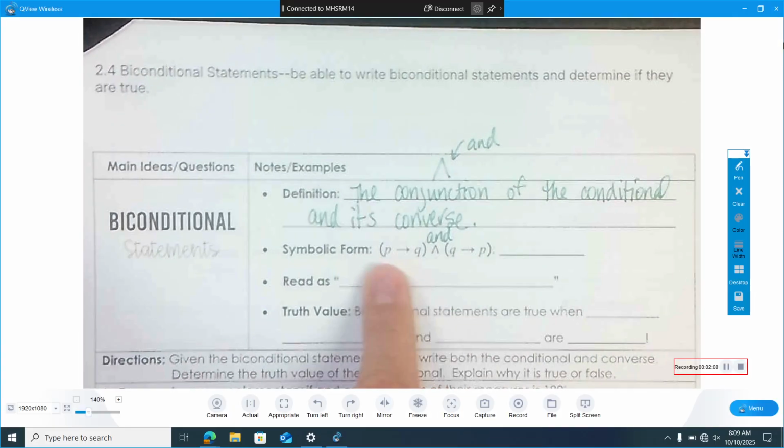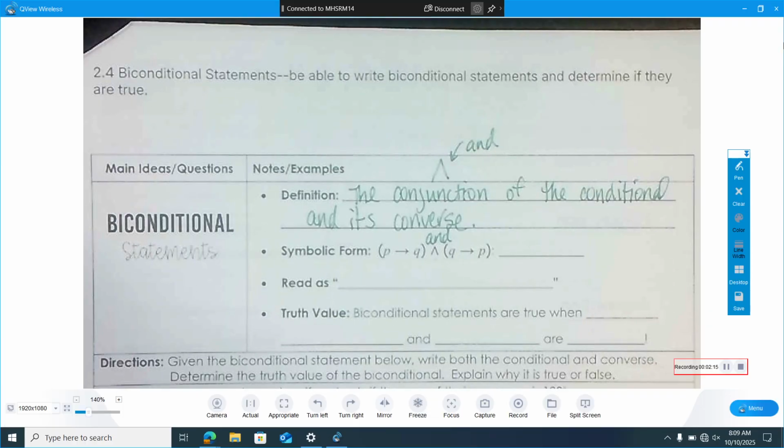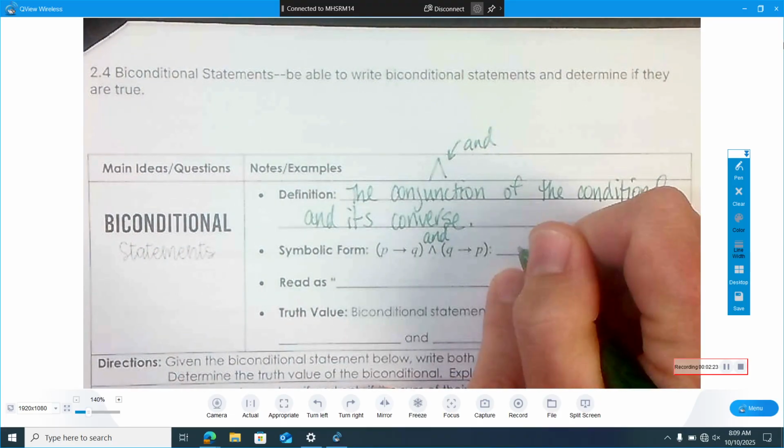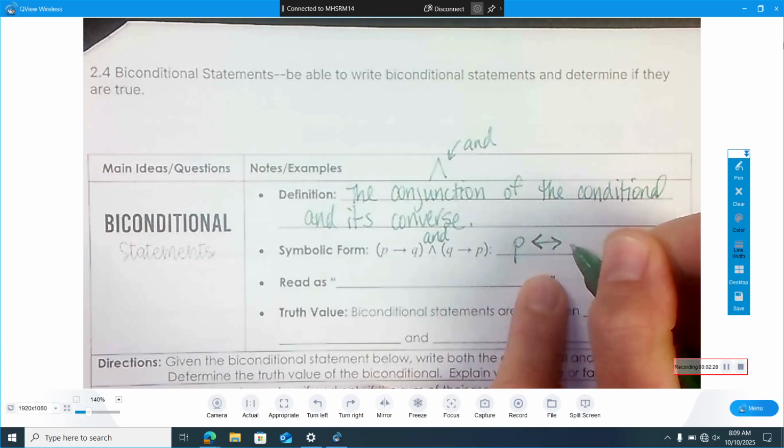Now, this is a long thing to write. So it's the conditional statement and the converse. To clean it up, because like I've said before, we math people are lazy, we just create symbols so that we don't have to write as much, all right? So we would say P implies Q with a double arrow.